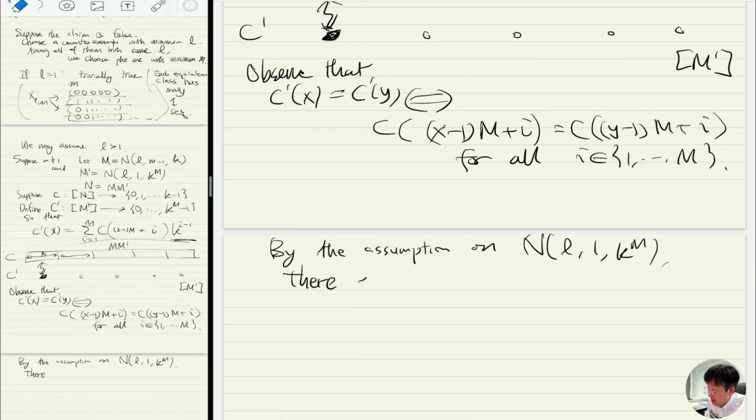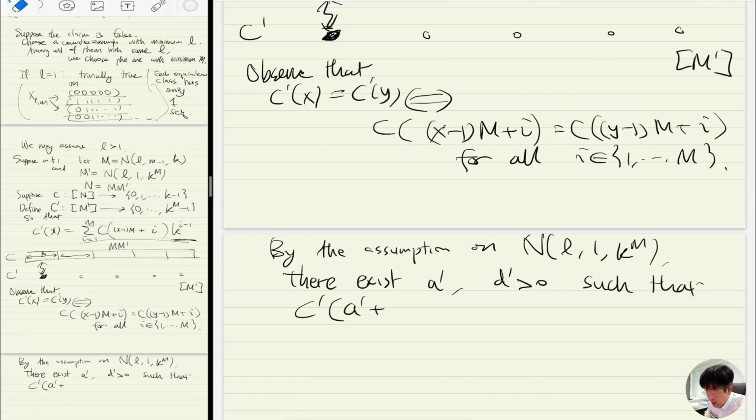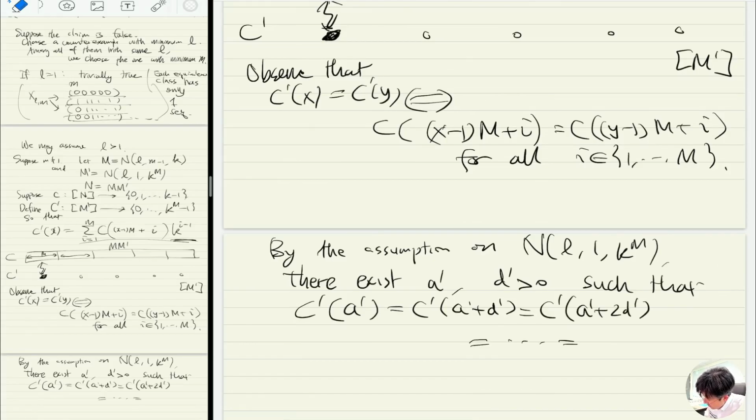There exist a prime and d prime, which is positive, such that C prime of a prime plus d prime, C prime of a prime plus 2d prime, and so on up to C prime of a prime plus (L minus 1)d prime are all equal.